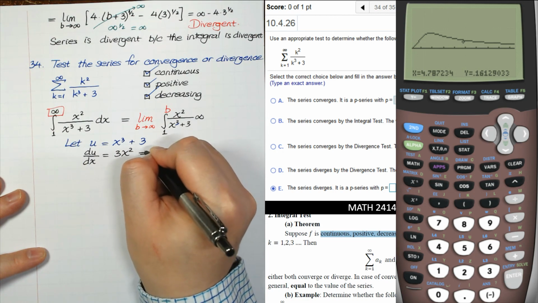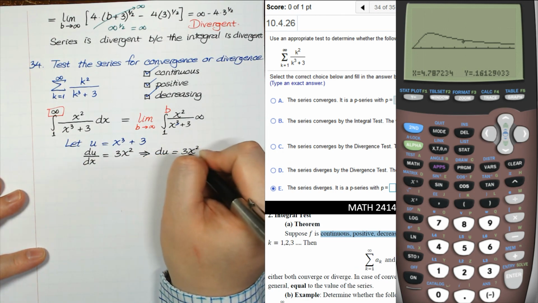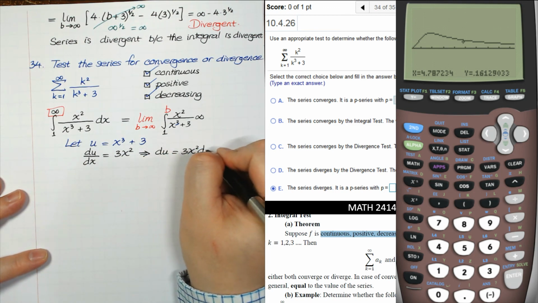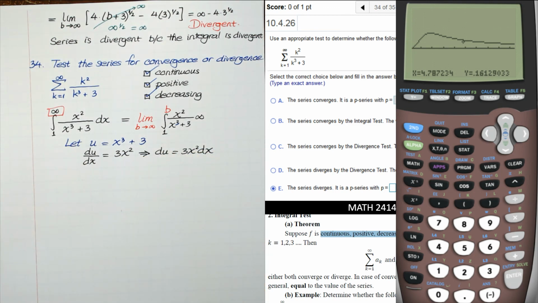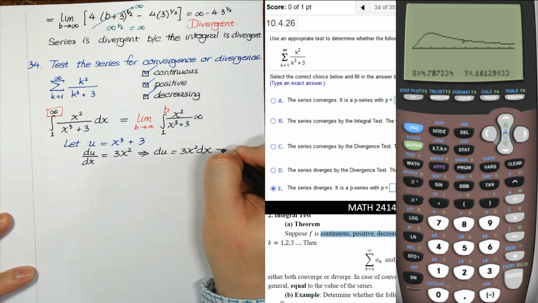Move the dx over and then divide by 3x squared.